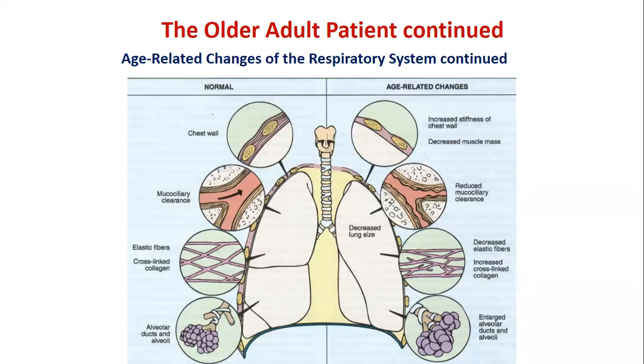So contractility is reduced. So the patient develops senile emphysema, with increased lung compliance, decreased elasticity, and decreased maximum respiratory capacity. So these are all the age-related changes.